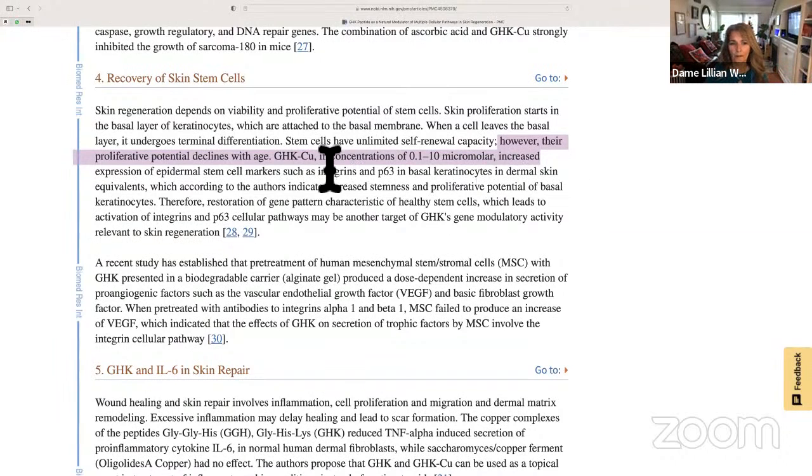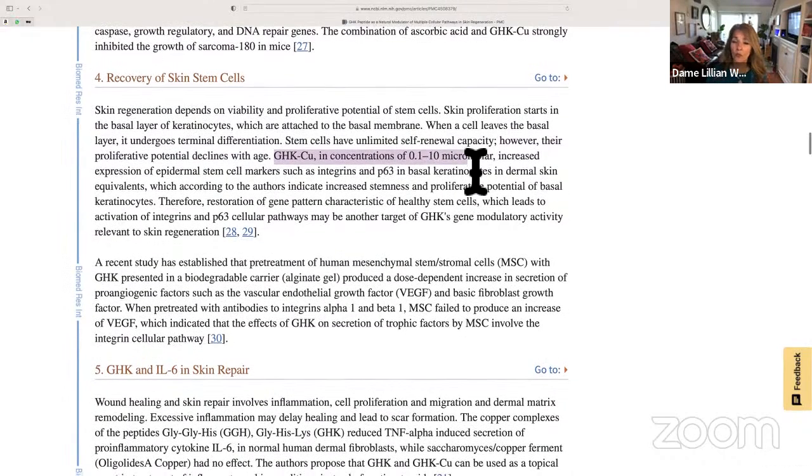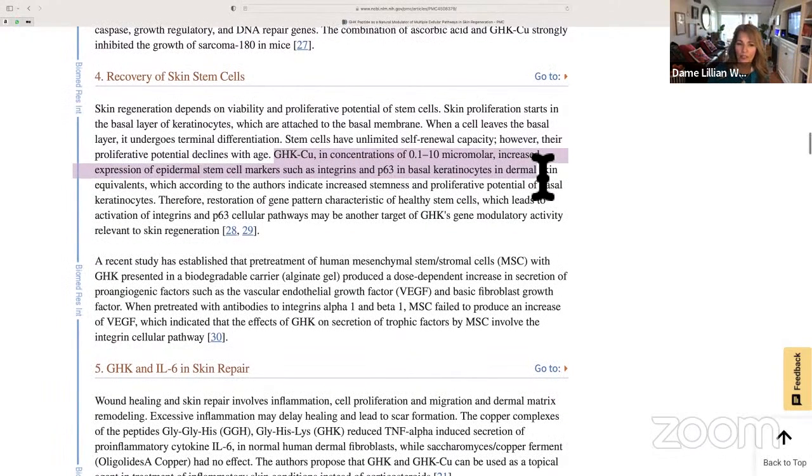So it says here, GHK-Cu in concentrations of 0.1 to 10 micromolar increased the expression of epidermal stem cell markers such as integrins and P63 in basal keratinocytes and dermal skin equivalents.